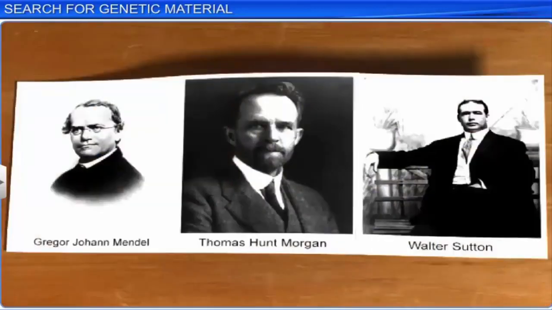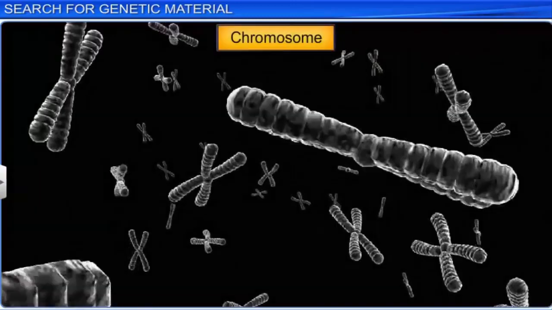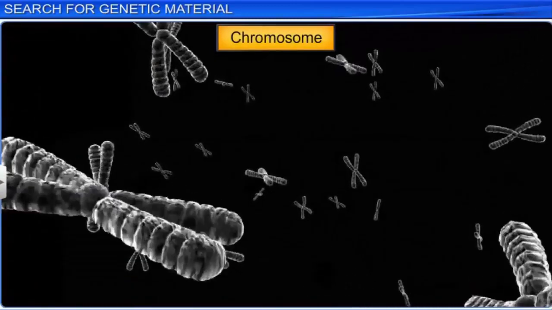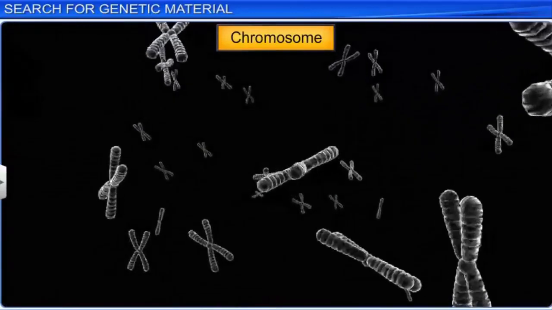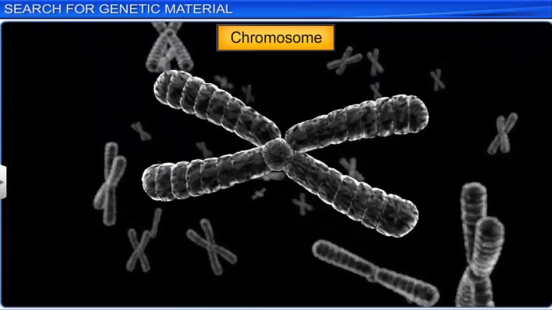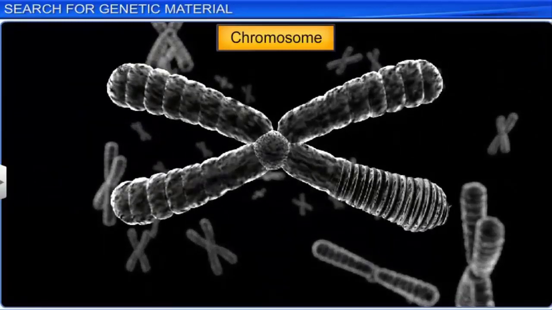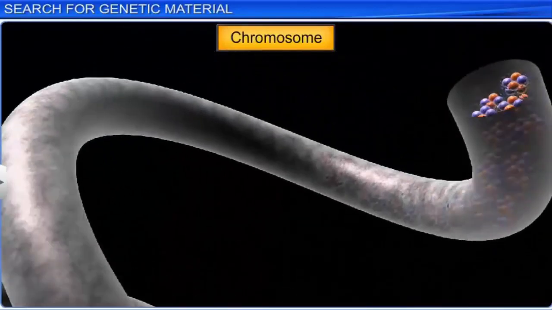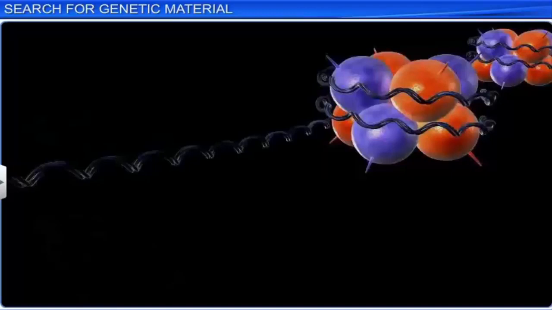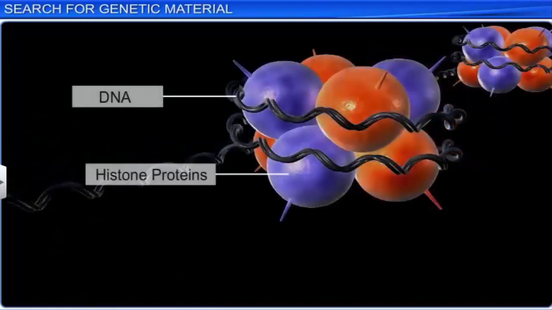In fact, Gregor Mendel, Thomas Hunt Morgan, Walter Sutton, and numerous other scientists had narrowed their search for genetic material to chromosomes. However, as chromosomes of eukaryotes contain several proteins along with DNA or deoxyribonucleic acid, scientists couldn't exactly confirm whether the genetic material was DNA or proteins or both.